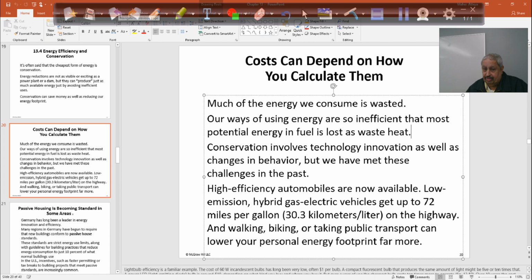The same thing with the behavior of automobiles. High efficiency automobiles are now available. So we have hybrids, gas and hybrid. It's just to conserve energy, so we don't have to use as much. And our resources of crude oil, as I said, over 100 years, 100, 120, 150 years max, the crude oil will be running out of this globe. There will be none to find.